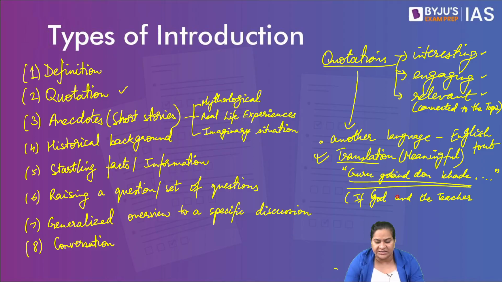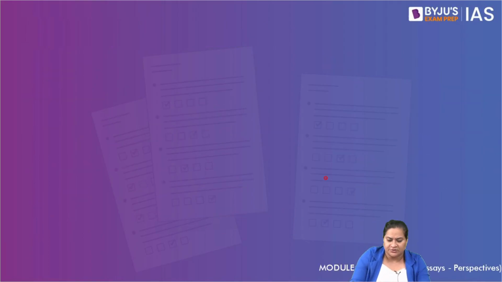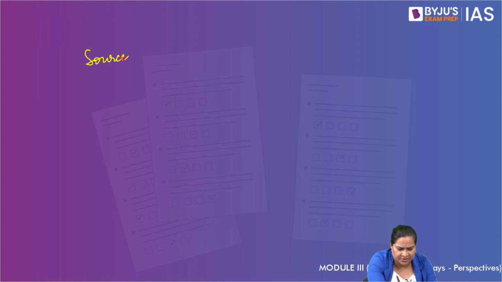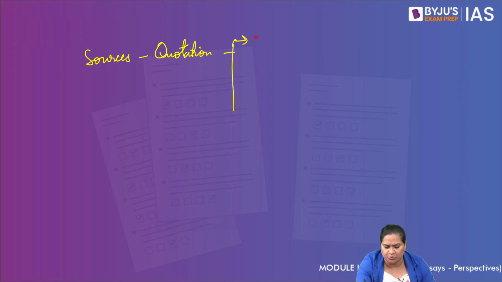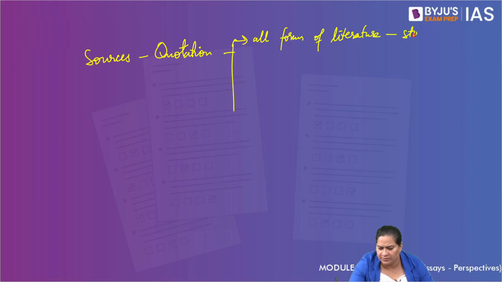Now, quotation, when it comes to language, this is the segment. Now comes the source of quotation. When we are discussing sources related to quotation, it can be anything. It can be associated with all forms of literature. Here you can consider story, poetry, drama or play, novel.